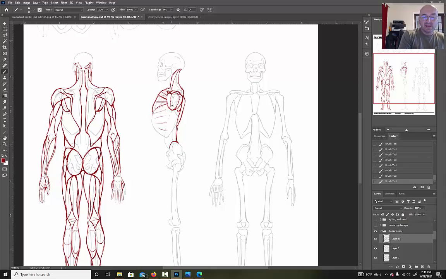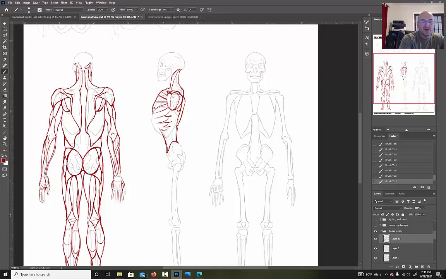But what you're going to see is the lat muscle is going to attach to those. So you've got the muscle over the rib, the lat attachment. The muscle over the rib, as it comes up, you're going to get that lat attachment. Muscle over the rib, that lat attachment. And it's going to work its way all the way down to the bottom.